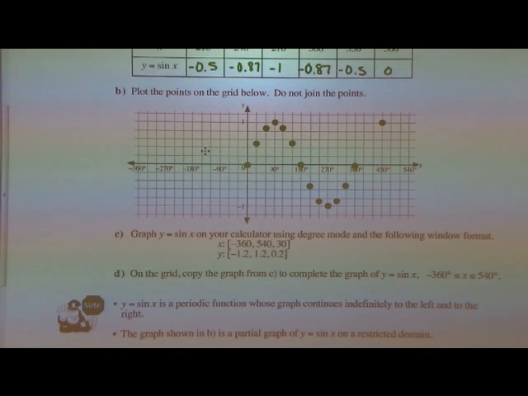Okay, and then I know that down here at negative 90, I'm at the bottom again. So again, I'll put a point there. At negative 90. At 180, I was at, or negative 180, I was at 0. At 270, I was up. And at 360, I was at 0.